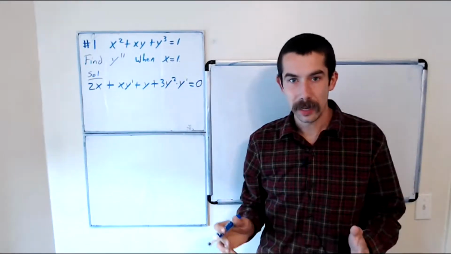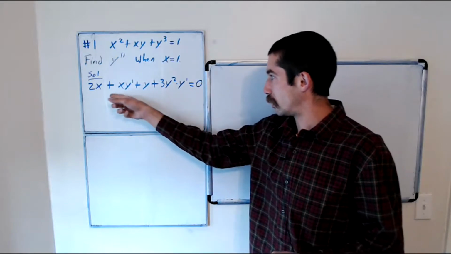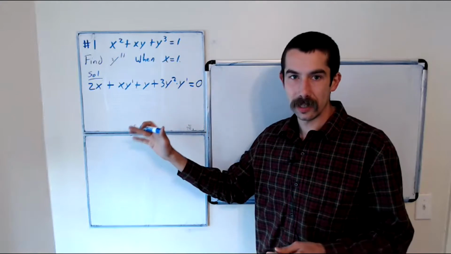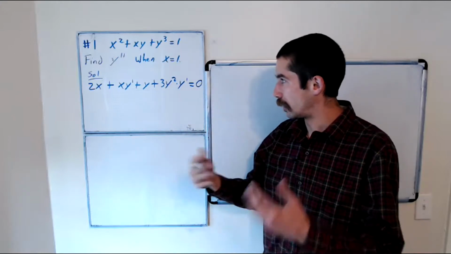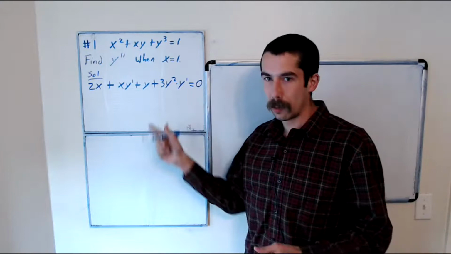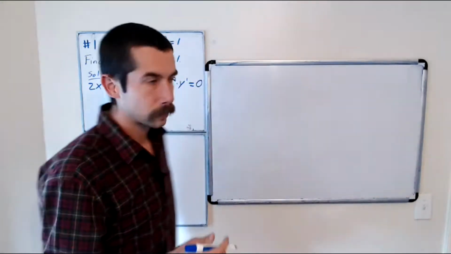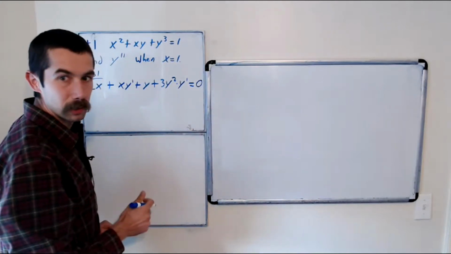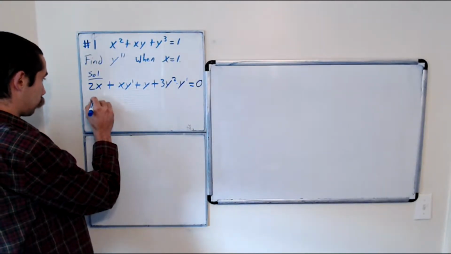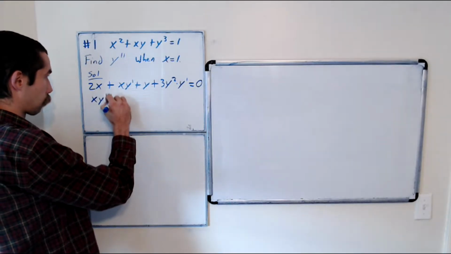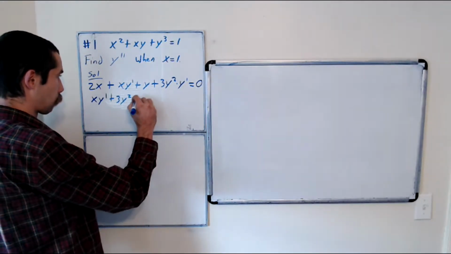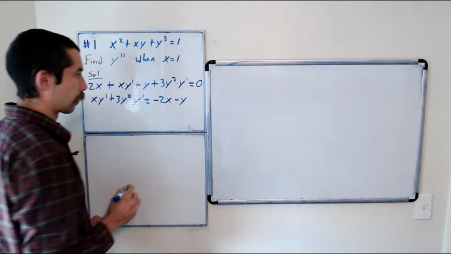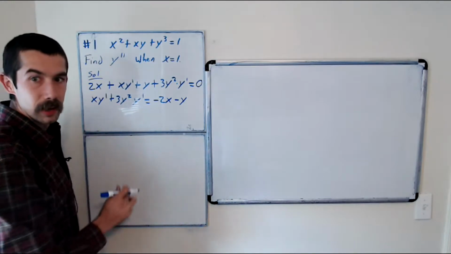All right, so we want to find y double prime. We could either just take the derivative again and try to get y double prime by itself, or we could first get y prime by itself and then just take the derivative of both sides. So let's do that. Let's get y prime by itself. Okay, so we'll keep everything that has a y prime on the left side. Everything else will go to the right side. All right, and now we can factor out a y prime.